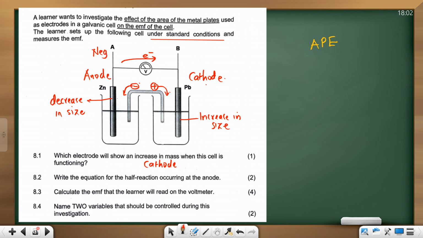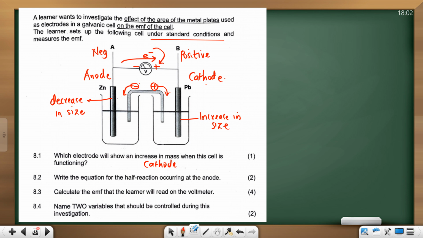They'll put a minus here, and it makes sense. Electrons are negatively charged. Unlike charges will attract, so the electrons are going to the positive end of the battery. So these are possible ways of the examiner trying to ask you which one is the anode and cathode.